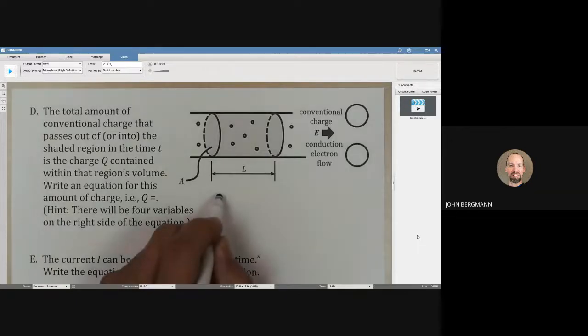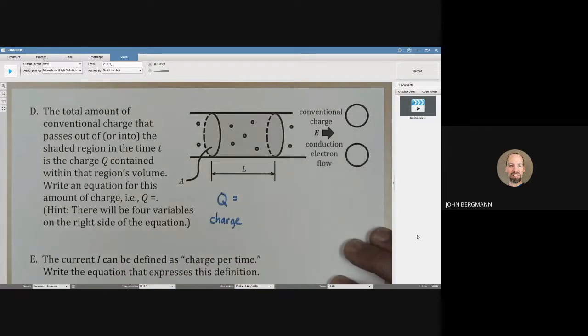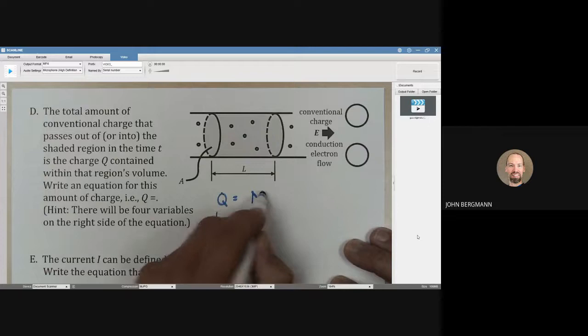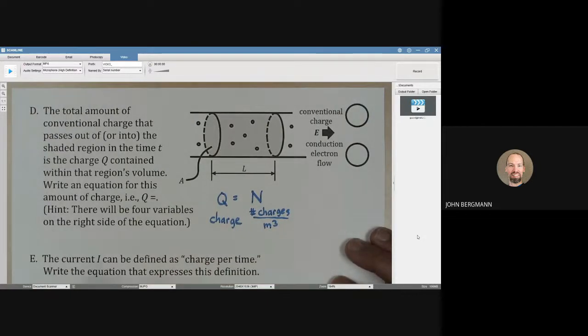Well, let's start using some variables that we have. n is the number of charges per cubic meter. That's the volume charge density. Now, that isn't the same thing as the amount of charge, because the amount of charge needs to be in coulombs, and this is a number of charges.